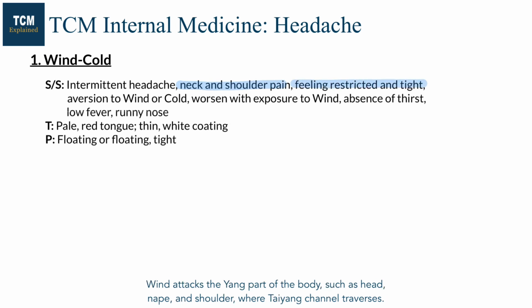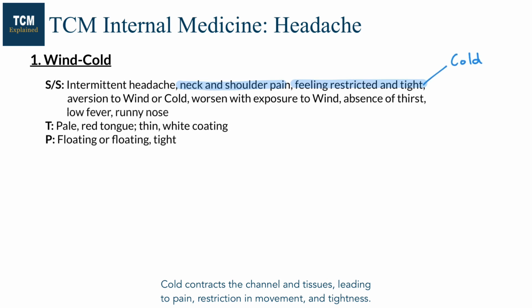Wind attacks the young part of the body, such as head, nape, and shoulder, where Tai-Yang channel traverses. Cold contracts the channel and tissues, leading to pain, restriction in movement, and tightness. Because the channel is invaded by wind and cold pathogens, there will be aversion to wind or cold, worsening with exposure to wind, and a runny nose.